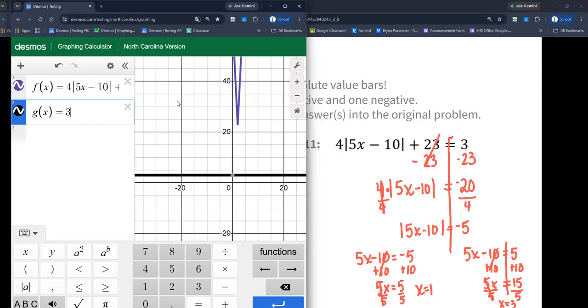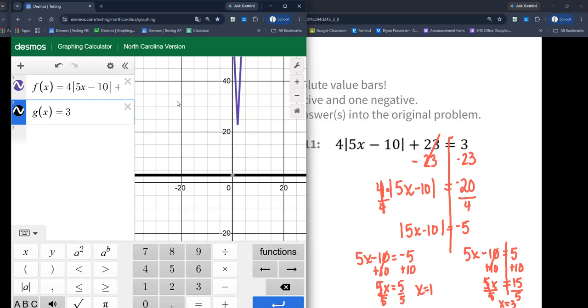So I have also typed this in. I am also getting a graph where I've got this V way up high and a horizontal line down here. Where do those two cross? Nowhere. That's telling me no solution. Okay?